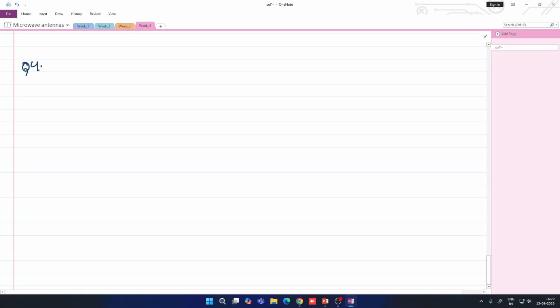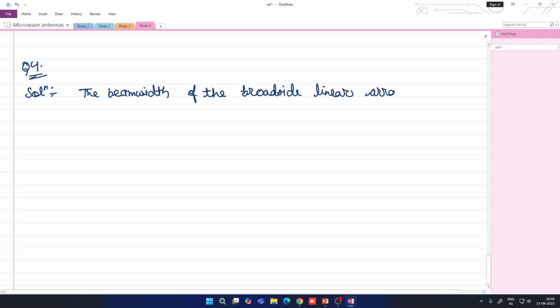Now we are solving question number 4. So the beam width of the broadside linear array is given by, I think you guys have gone through the lecture videos, right?